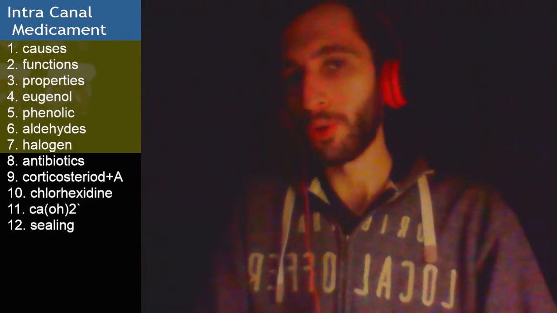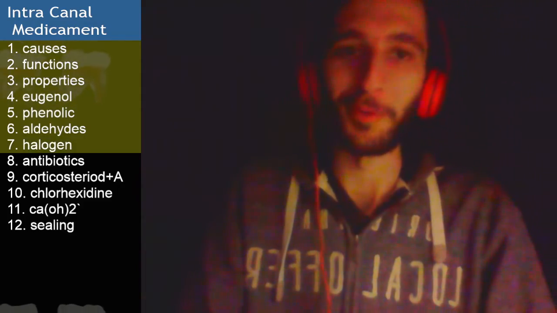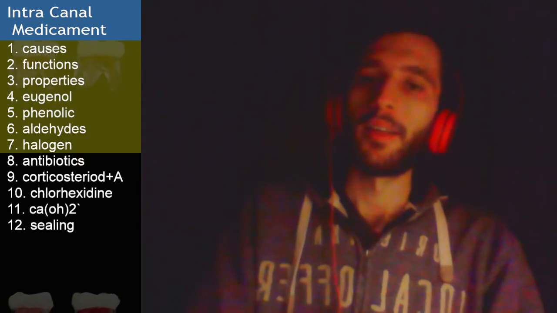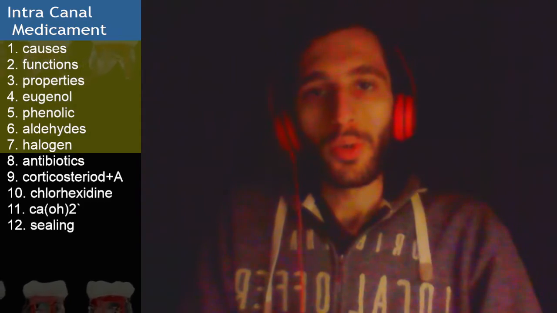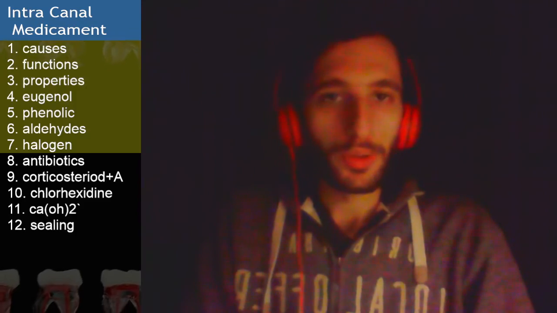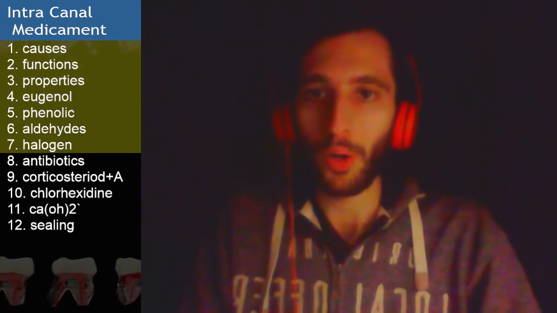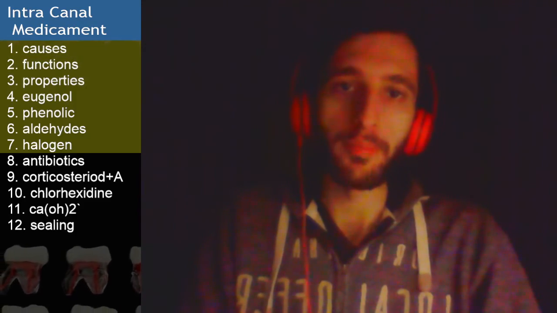Next, we'll talk about halogens. What are halogens? They include chlorine and iodine, which are potent oxidizing agents with a rapid bactericidal effect.